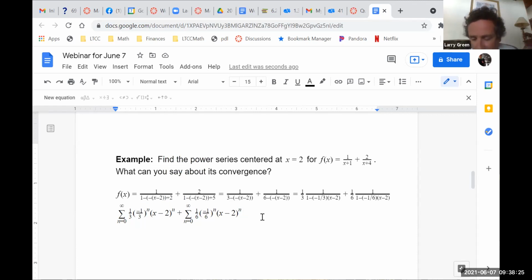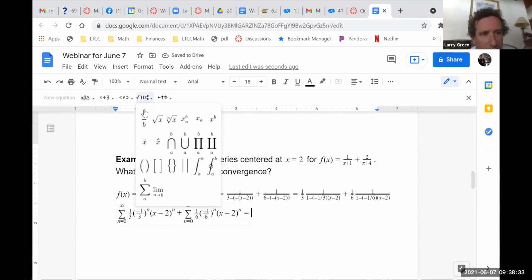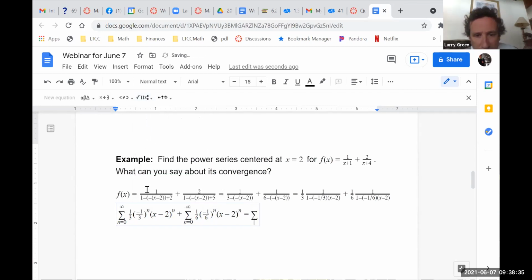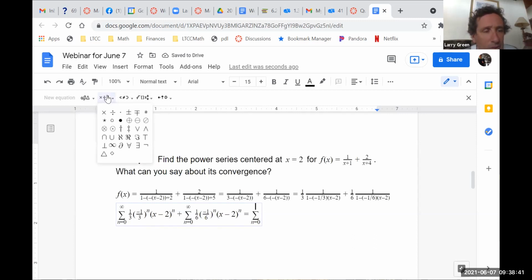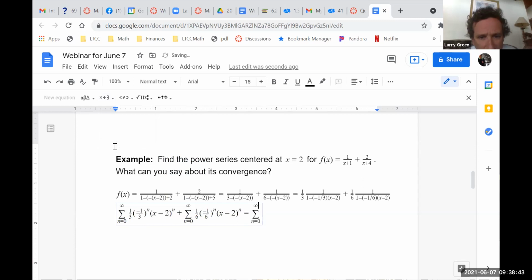And I'm going to do a few steps in one, so I don't have to keep typing all day. So that is equal to the summation, n equals 0 to infinity. Notice both of these have a negative to the n, so I can write this as negative 1 to the n.